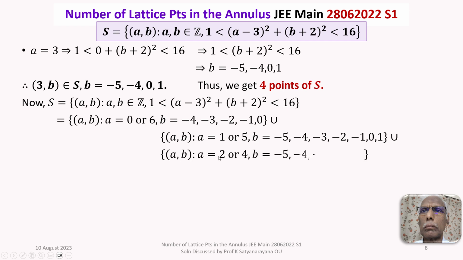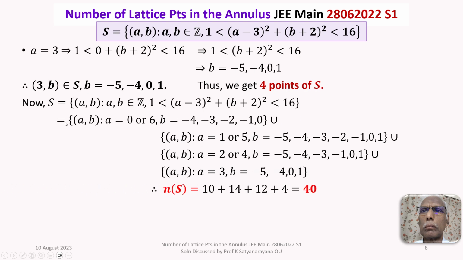Next, a is equal to 2 or 4, 6 values of b we got, the total ordered pairs will be 12. In the last case, we got only 4. So to summarize, N of S is equal to 10 plus 14 plus 12 plus 4. When added, it is 40. That's what we wanted. We want to find N of S. That is the question asked. So our answer to this question is 40.